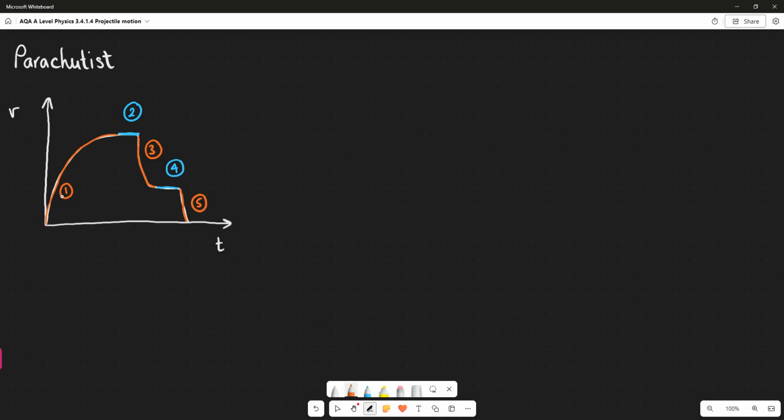Okay. During this first section, we transition from where velocity is changing very rapidly to where velocity is changing very slowly. The parachutist has a constant weight throughout this time. Their weight remains the same.